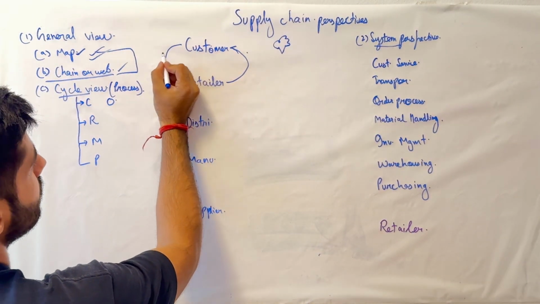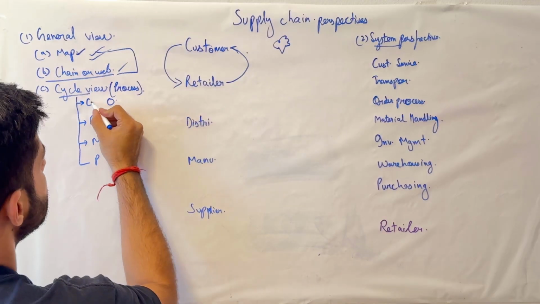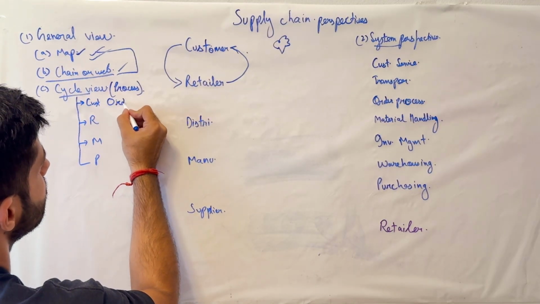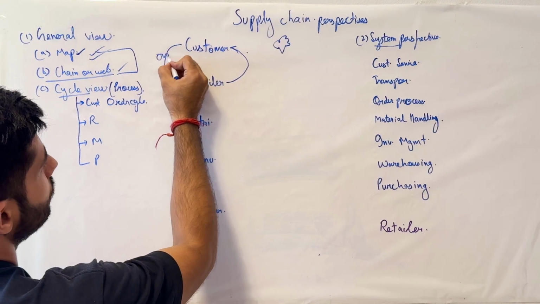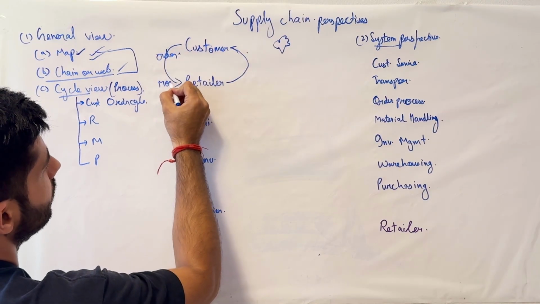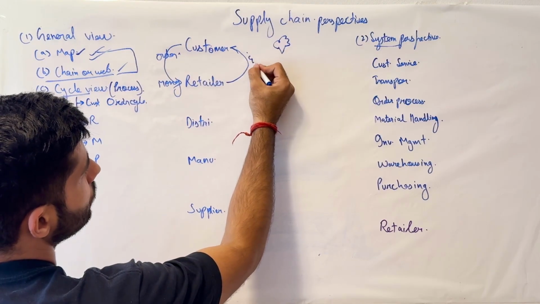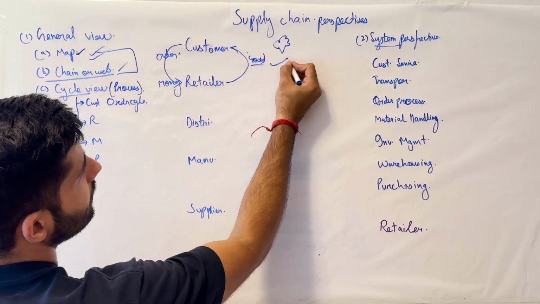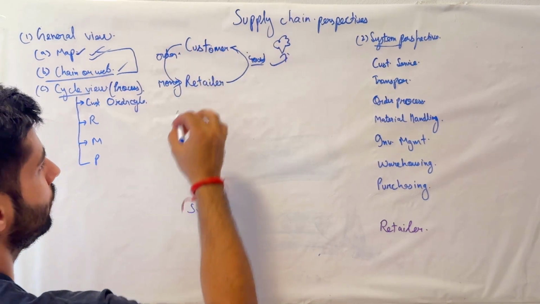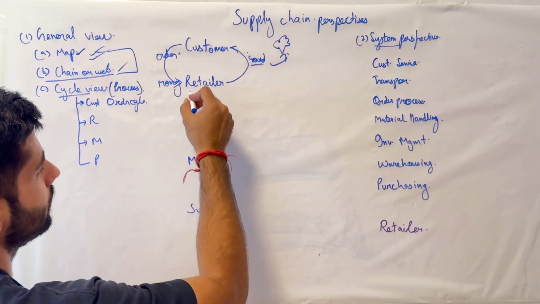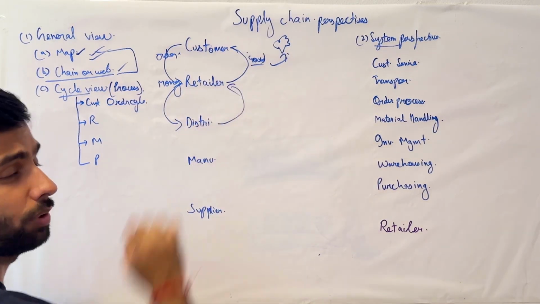The cycle between a customer and retailer is called a customer order cycle, which means the customer places an order, pays money, and the retailer delivers goods, or in this case, an ice cream. Now, there's a similar order that the retailer places with the distributor, which is called, do you want to guess?